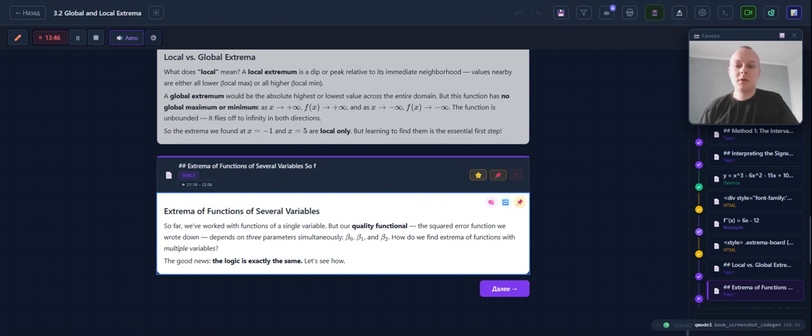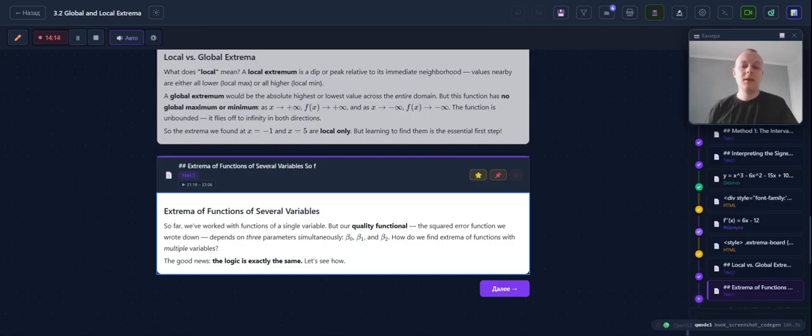So far we worked with functions with just one single independent variable that changes. But our quality functional, the square error function we wrote down before, depends on three parameters simultaneously.